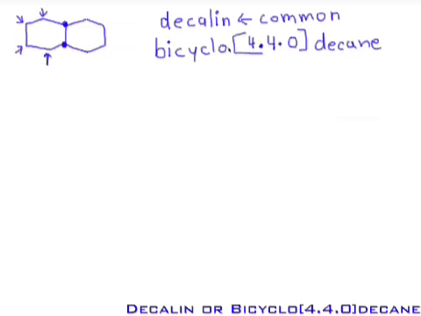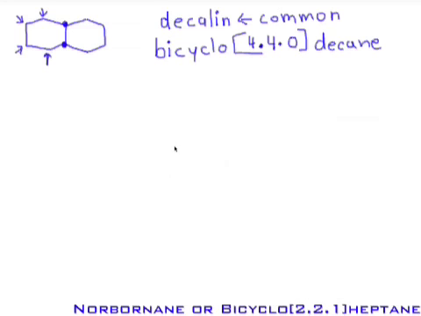So in fact, what we can do is we can go through a whole list of alkanes and give you both their common names and their IUPAC names. Let's start with this guy. Now sometimes they're drawn flat, like this molecule. Could be drawn this way.